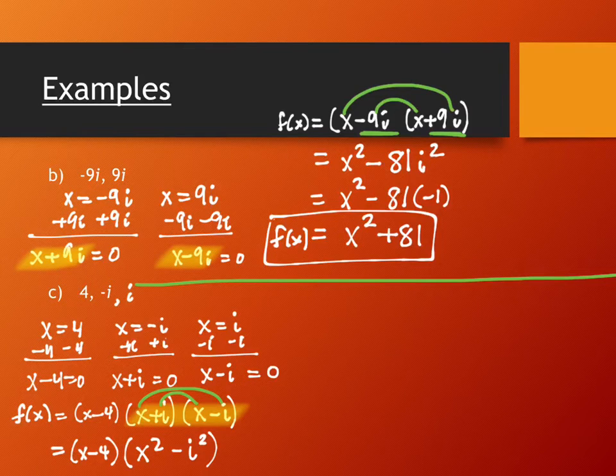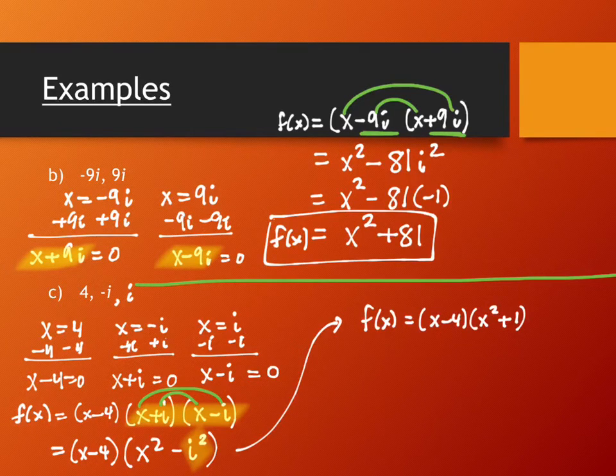But i squared is negative 1. So this is f of x equals x minus 4, and it will be x squared plus the number 1, because i squared is negative 1 and there's already a negative in front of it. So it will be x squared plus 1.